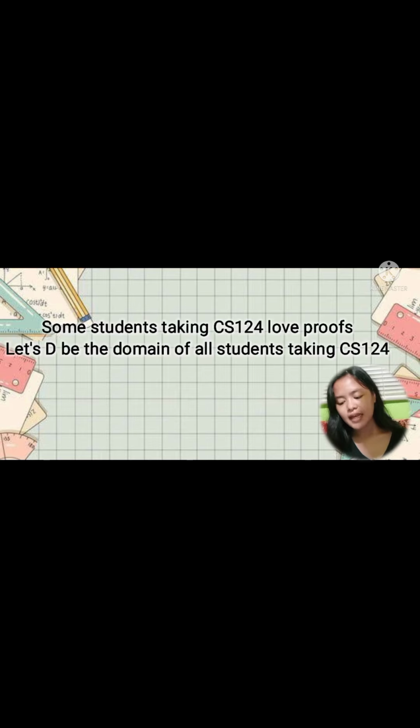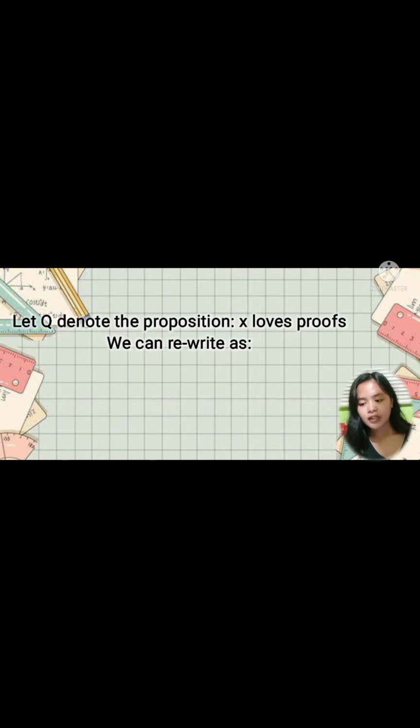Some students taking CS124 are in lab groups. Let D be the domain of all students taking CS124. Let Q denote the proposition 'x is in a lab group'. We can rewrite this as there exists x in D such that Q(x).